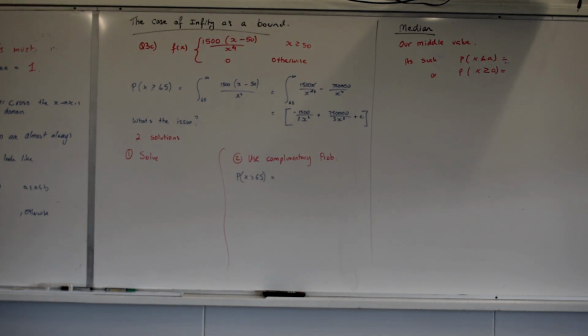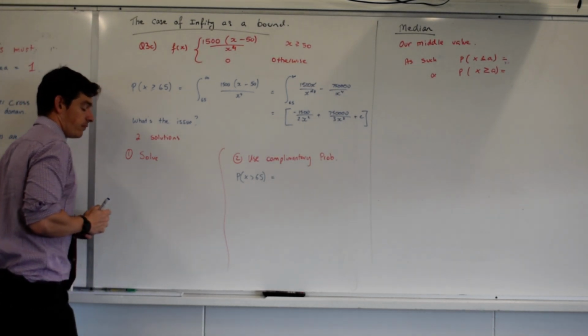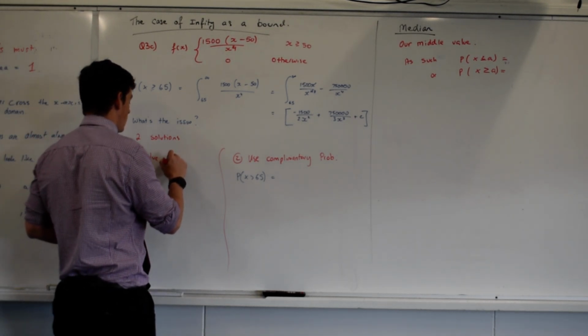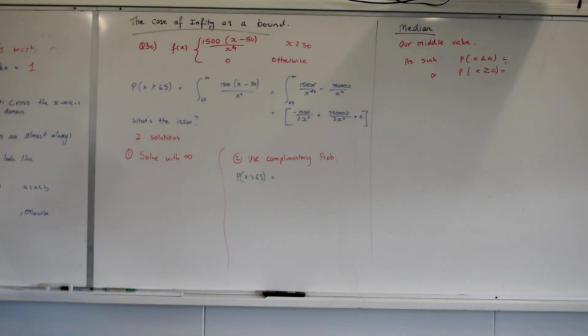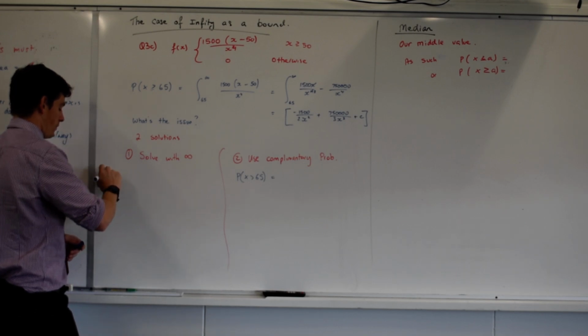Happy with that? So I've got two solutions at this point in time. I can either solve with the infinity, so I can deal with the infinity, and there is a way to do that. Can anyone see what will happen if I solve this with the infinity there?